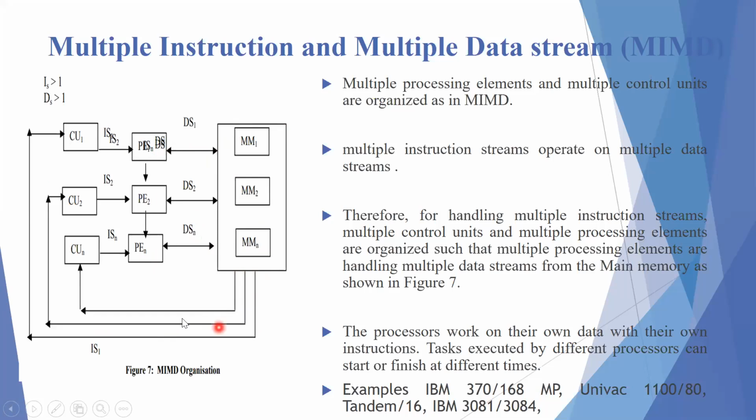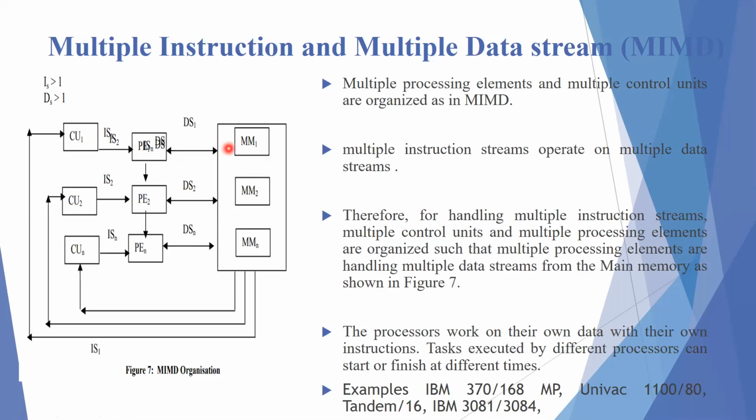Instruction stream 2 is going to control unit 2. Instruction stream n is going to control unit n, right? Each is connected to processing element 1, processing element 2, and processing element n. It's just like the total job divided into n parts, each being operated in parallel.